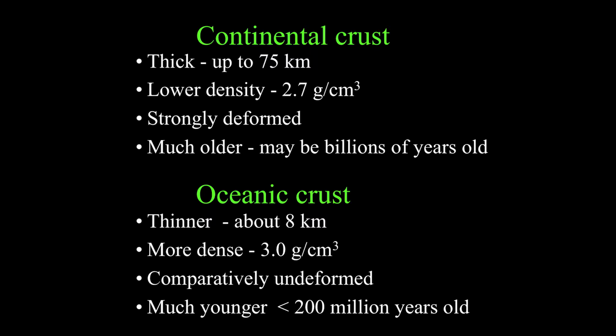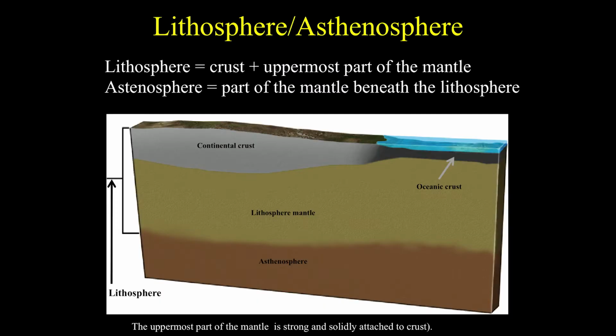The oceanic crust is thinner, about 8 kilometers, with a mass density of about 3 grams per cubic centimeter, and it is comparatively undeformed and much younger, less than 200 million years old. This figure clearly shows large continental crust and a thinner oceanic crust.